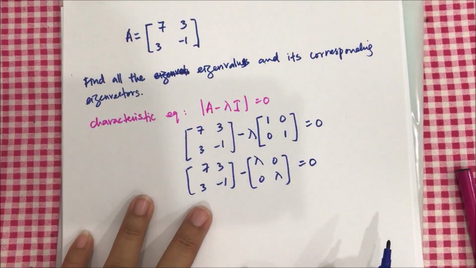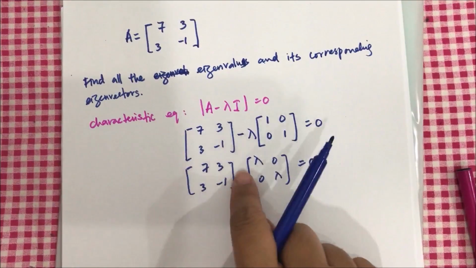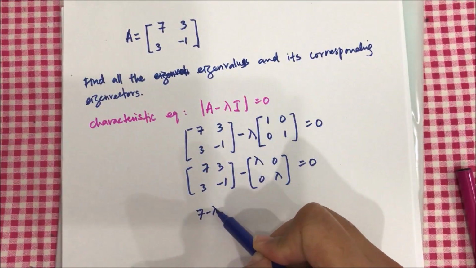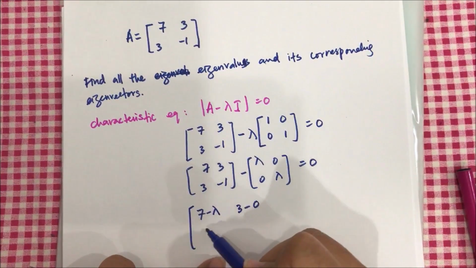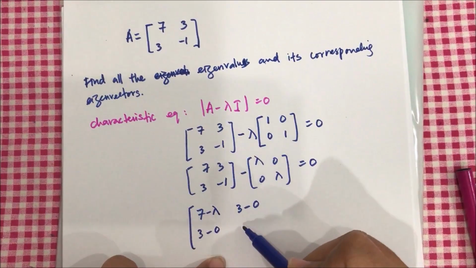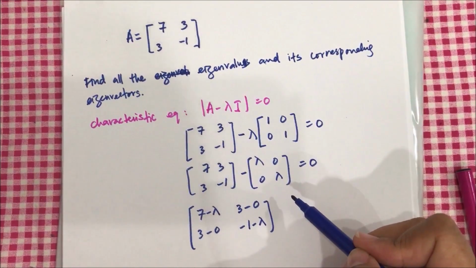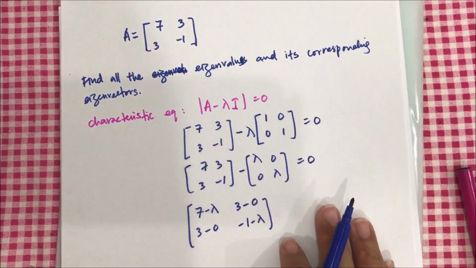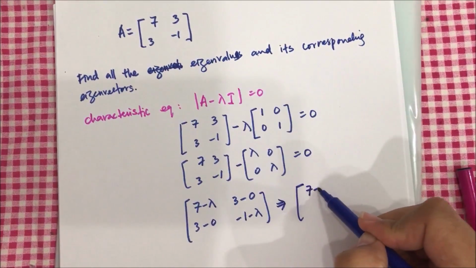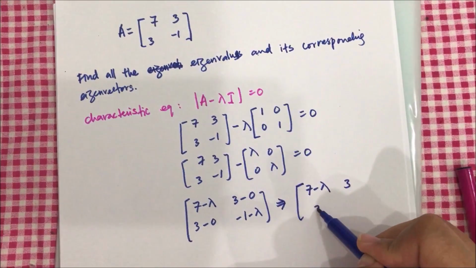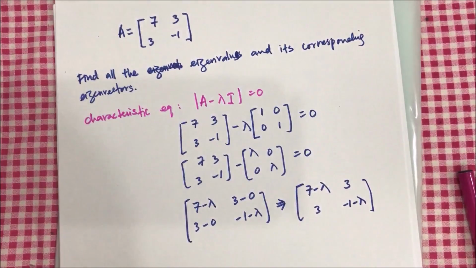It's very simple: 7 minus lambda, 3 minus 0, 3 minus 0, and then negative 1 minus lambda.